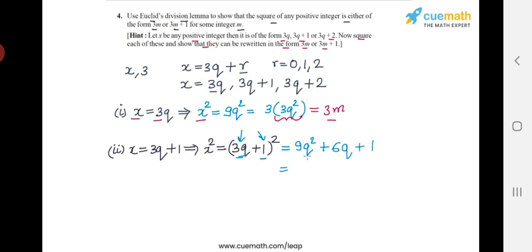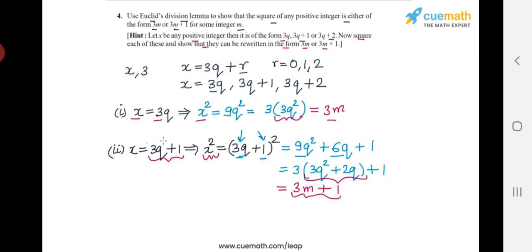Now what I can do is, from the first two terms I can take out a factor of 3 common, so this will be 3 times 3q square plus 2q, and then there is this remaining part of 1. So now this is of the form 3 times m plus 1, where m is some integer that we can use to represent this part. Okay, so if x is of the form 3q plus 1, then x square is of the form 3m plus 1.